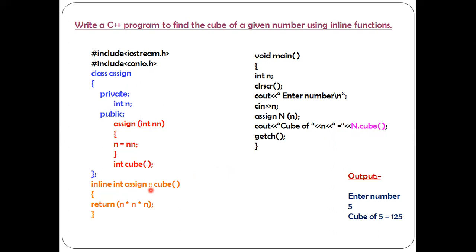Cube is a function name, open flower bracket, return n into n into n. What is the value of n here? 5. 5 into 5 into 5, multiplied three times, we get the answer 125. 125 will be sent back to the main function, and here it is going to print the answer: cube of 5 is equal to 125.